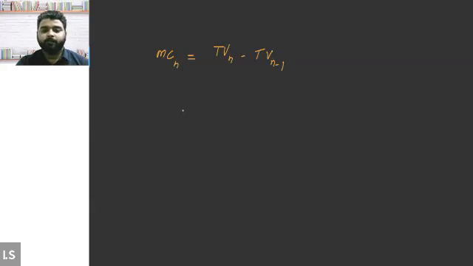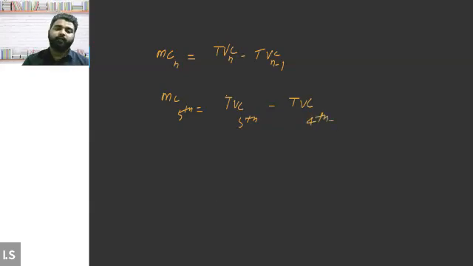That means if you want to calculate marginal cost, let's suppose at the 5th unit, you will have to consider the total variable cost at the 5th unit, and from this you will be reducing total variable cost of n minus 1, that means the 4th unit. This is how we calculate marginal cost on the basis of total variable cost.